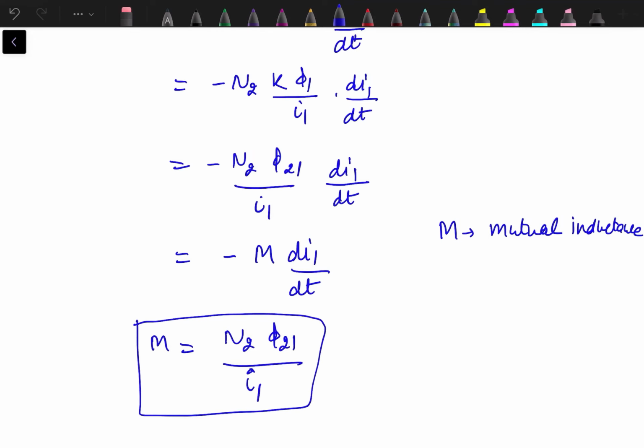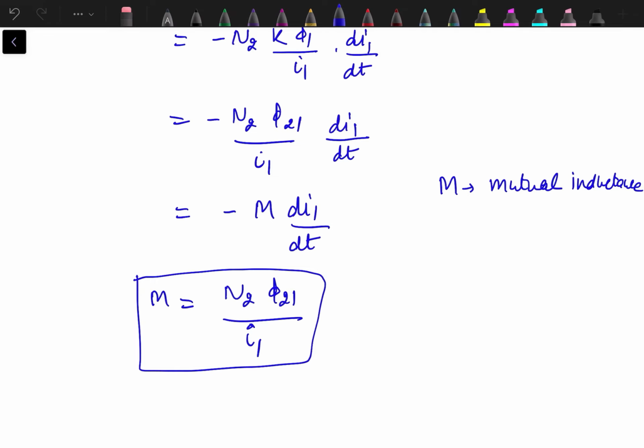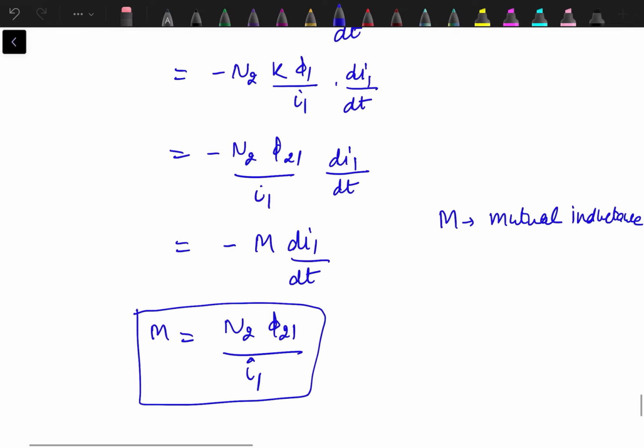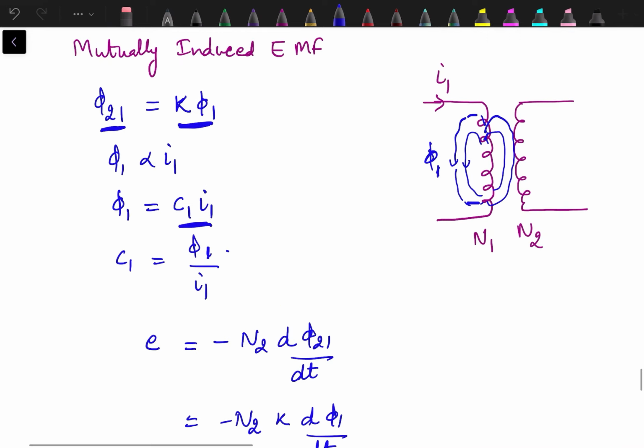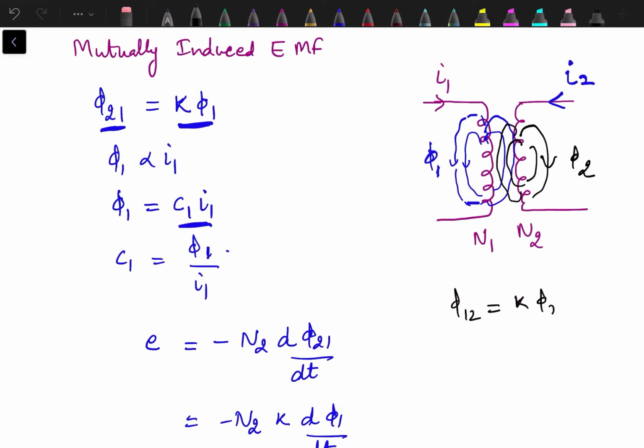Similarly, there is possibility that we have current flowing in the second coil, and because of that there is flux phi 2 produced in the second coil. Phi 12 will be equal to k into phi 2.